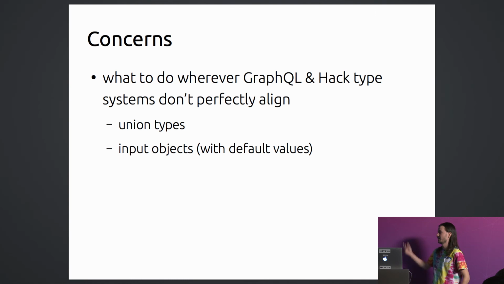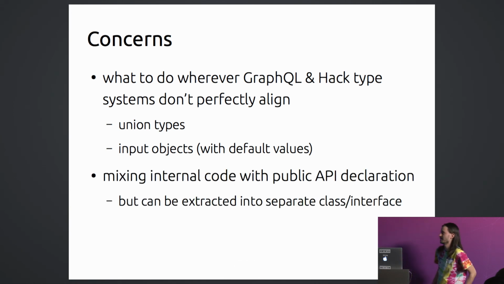One example is union types, which are an important part of GraphQL, but don't exist at all in Hack. And then there are things like input objects, where a similar concept exists, but it's not quite the same. For example, there's no way to declare default values, which people also use a lot on input objects in our schema. So that's one thing that comes up.